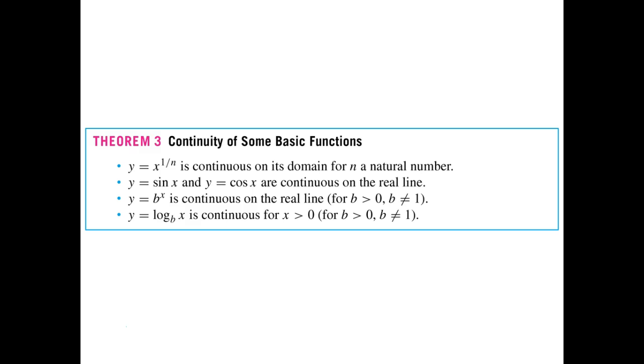What would you define this function to be? This would be, I don't know if it has a special name, a radical. This has a root symbol in it, okay? The n would be the index of that root.